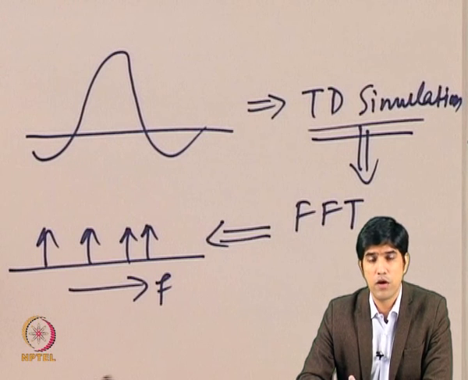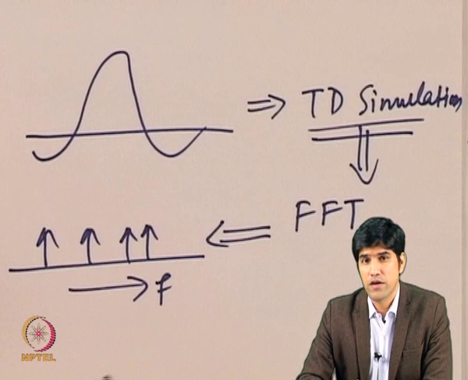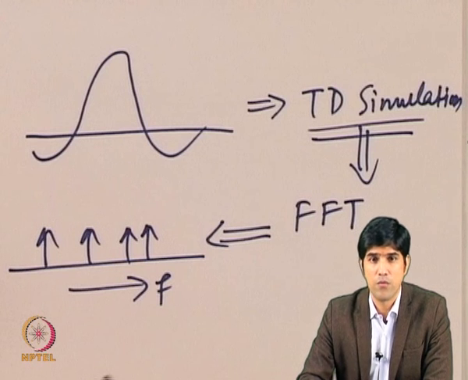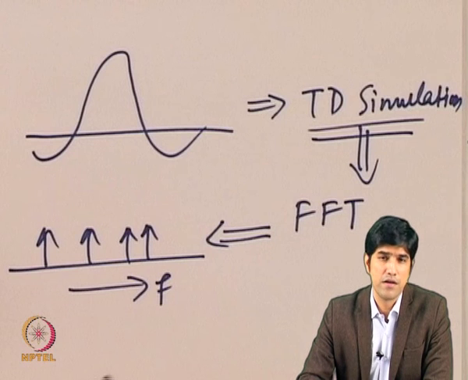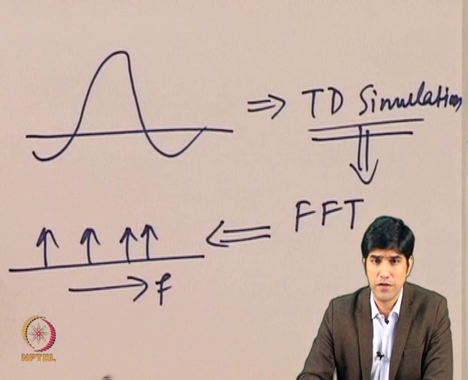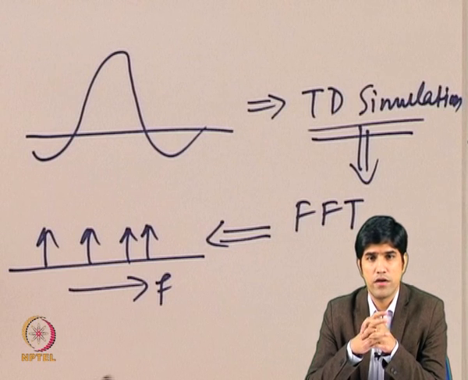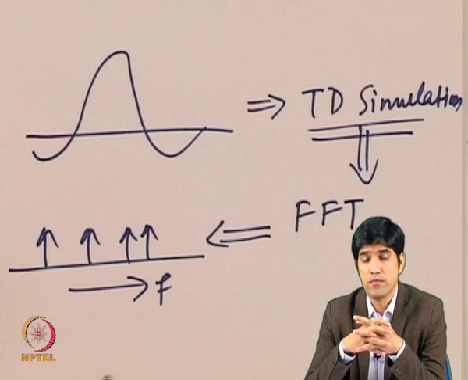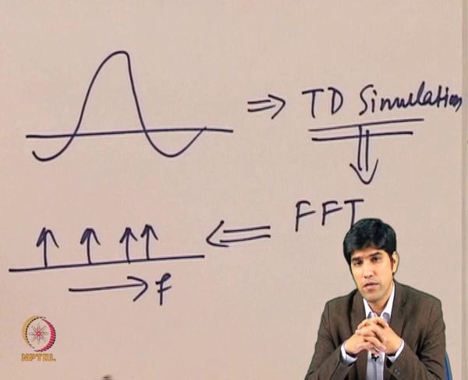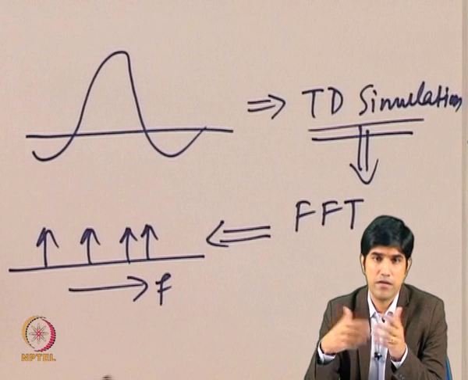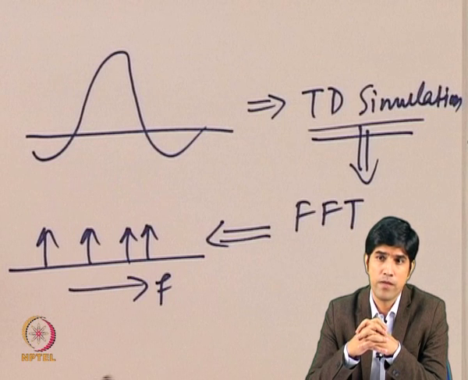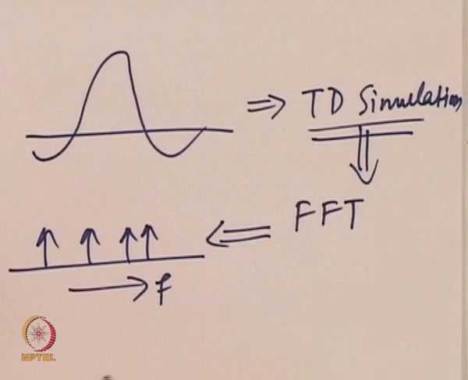If you are interested in only one particular frequency, you are interested in eigenmode analysis, you are interested in certain aspects of, let's say, 1 or 2 frequency regions, then probably doing it in a frequency domain approach is less time consuming and more efficient. But if you are interested in a broadband simulation and you are interested in knowing the broadband response of your system, it's better to go for a time domain simulation with a broadband pulse and then doing the fast Fourier transform and getting the frequency response accordingly.